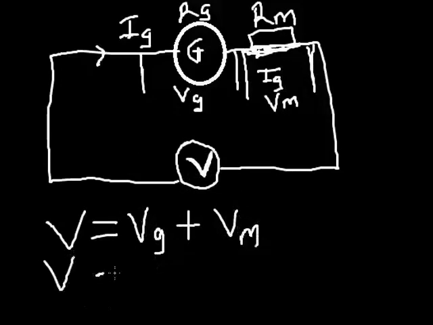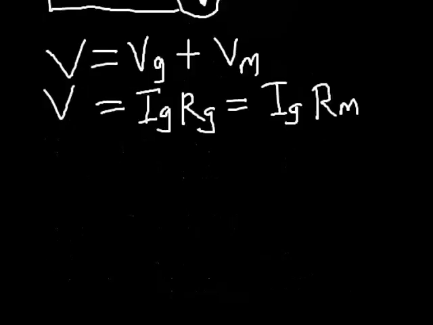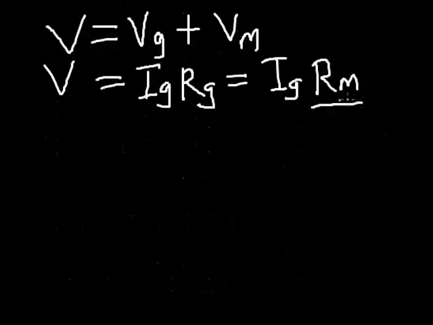Applying Ohm's law, Vg is Ig, the full scale deflection of the galvanometer, multiplied by Rg. Of course, Vm takes the same current Ig, multiplied by Rm. Remember, the whole idea of this is for me to get the multiplier resistor.